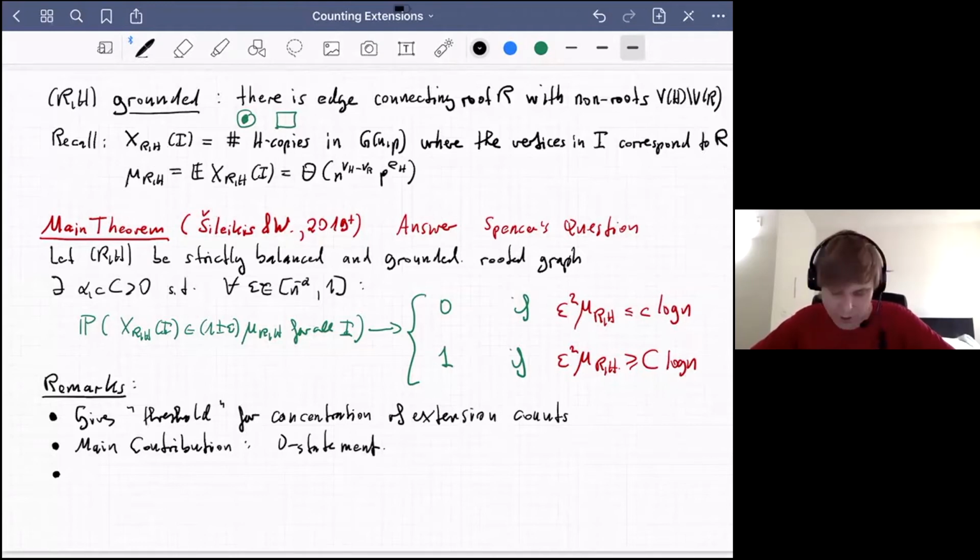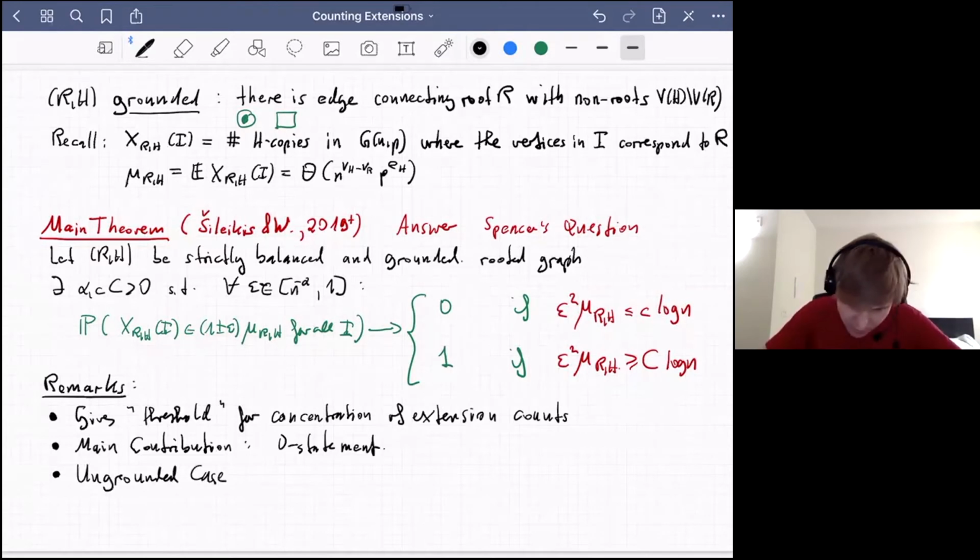So we need to show, in other words, how you can show that you have at least one set I where this condition is violated. And a third remark I want to make concerns the ungrounded case, which I promised to talk about a little bit.